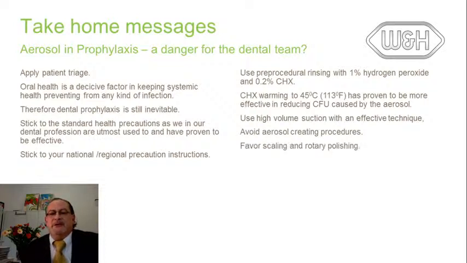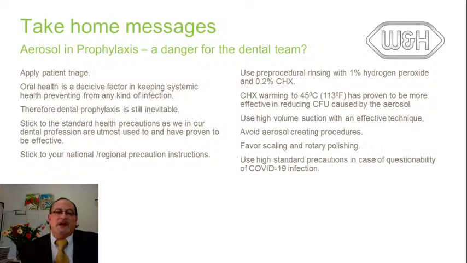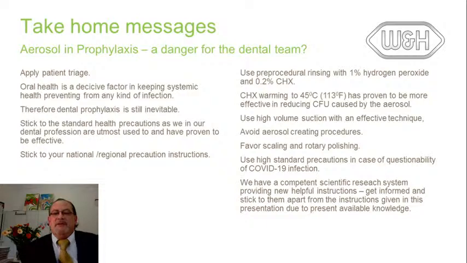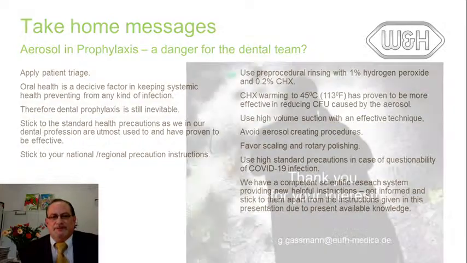Favor scaling and rotary polishing. Use high standard precautions in case of questionability of COVID-19 infection, as you have seen on the picture of our former student. We have a competent scientific research system providing new helpful instructions. Get informed and stick to them, apart from the instructions given in this presentation, due to the presently available knowledge.